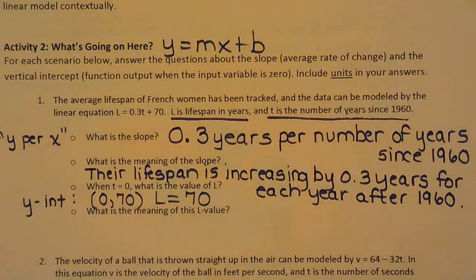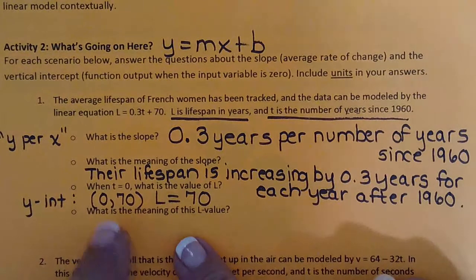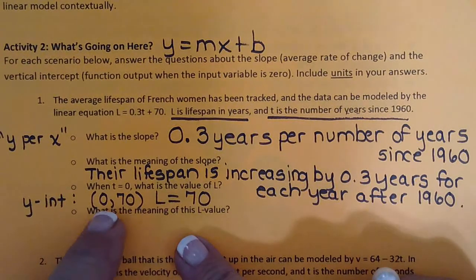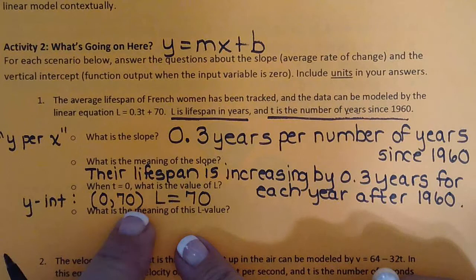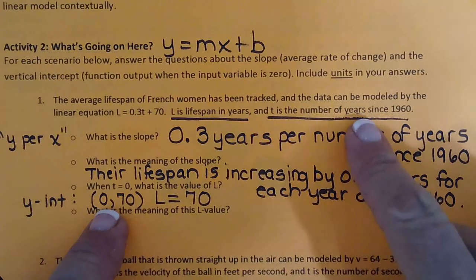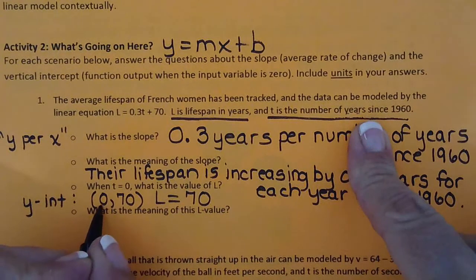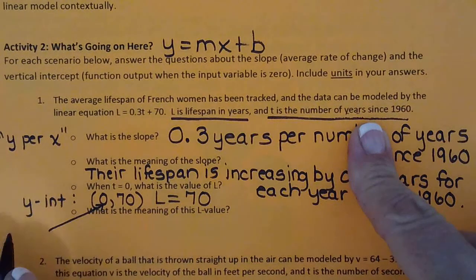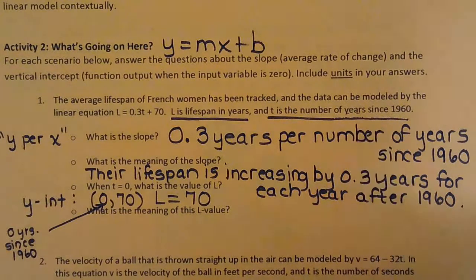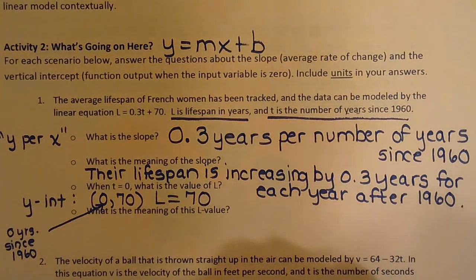What is the meaning of this L value? Remember how I said anytime you're asked to write about a point, you should label it with the data. So t is number of years since 1960, so 0 years since 1960. What does that mean? If it's 0 years since 1960, doesn't that mean 1960?